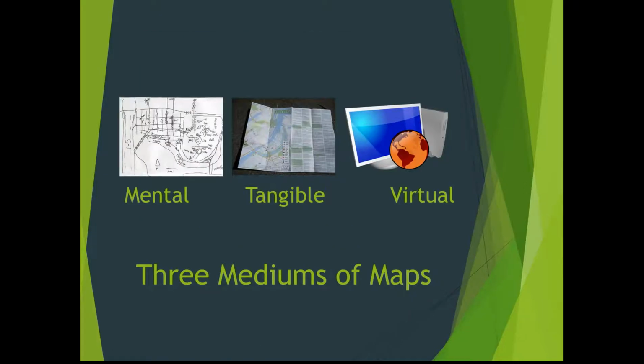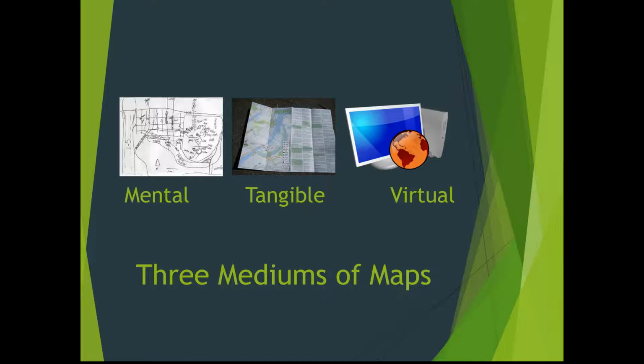In addition to the kinds of maps, there are three mediums on which a map may be produced for distribution: tangible, virtual, and mental. A tangible map medium is a concrete object that can be manifested physically and passed from person to person. For maps, the most common tangible medium is paper.